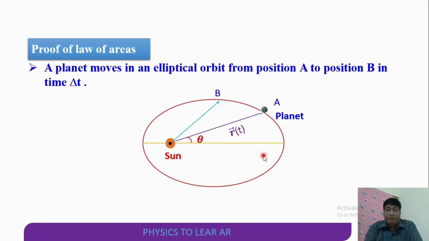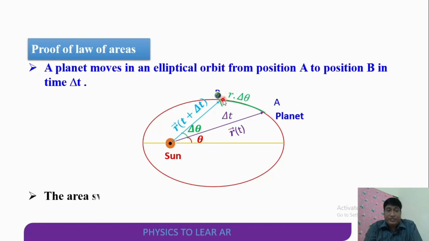Then after some time its angular displacement is delta theta. In order to move from A to B, it covers a distance r d theta. Here you can see this area, which is in the form of a triangular shape. Now I have to find out this area.